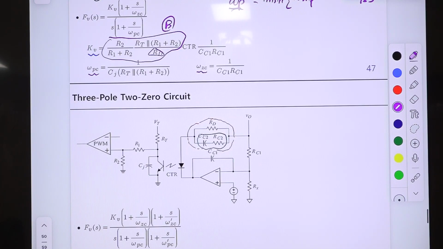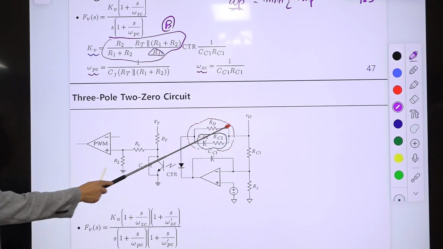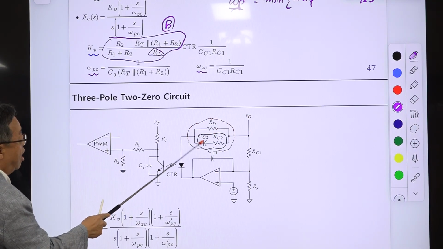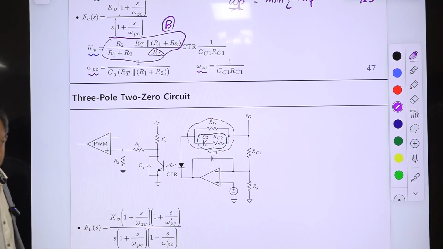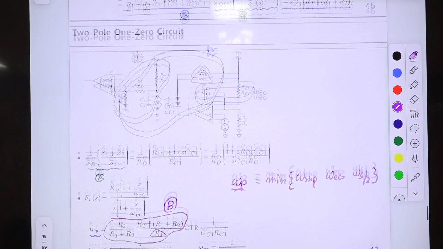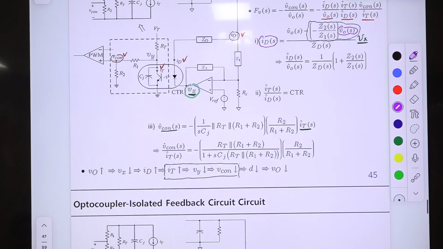Then this one is very easy. You add this branch. Previously there was only one resistor. Now you add this, and this one creates a pole and zero. This RD is coming in the denominator in the equation. GD is coming in the denominator. That means the pole at GD becomes zero because it is located in the denominator, and the zero frequency becomes pole frequency because it comes in the denominator.